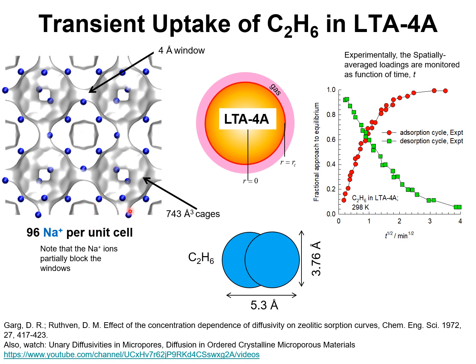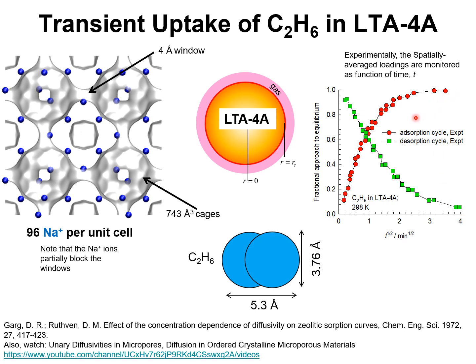The experimental data on component uptake of ethane is shown by the red circles. This is for the adsorption phase, where the y-axis represents the fractional approach to equilibrium. The x-axis is the square root of the time.